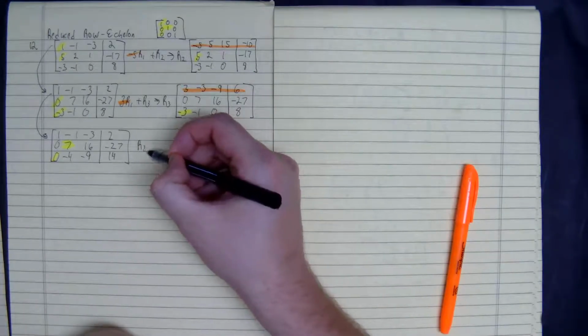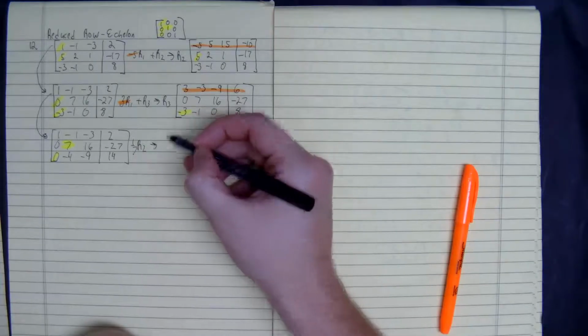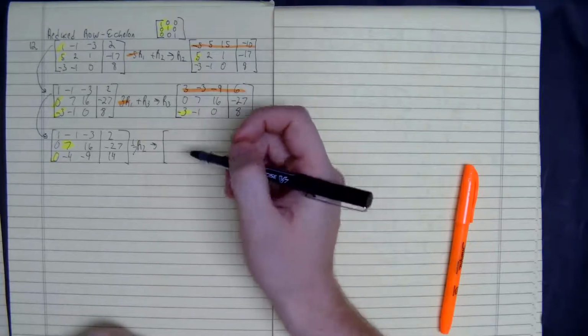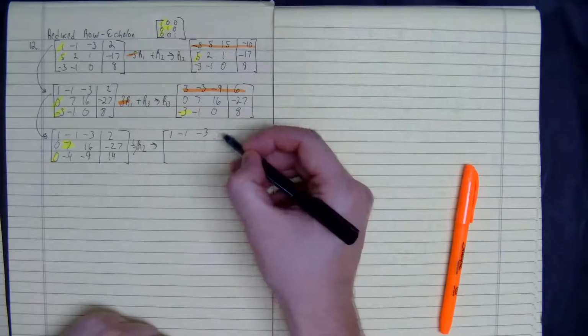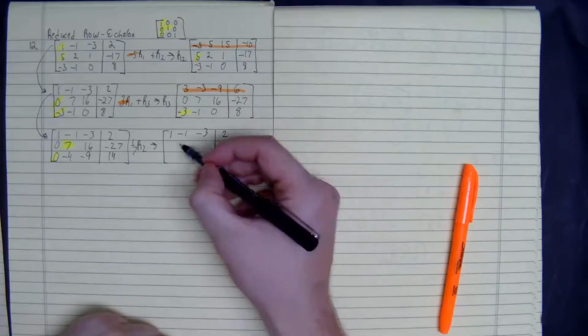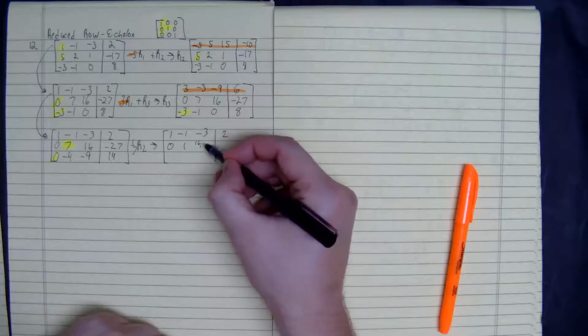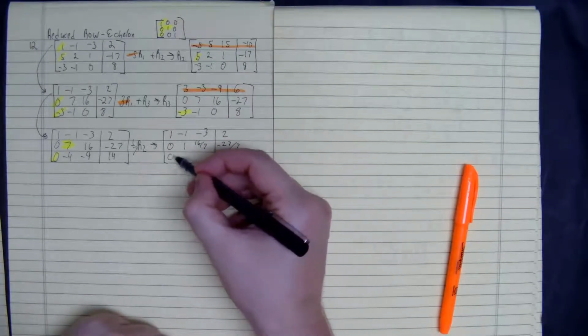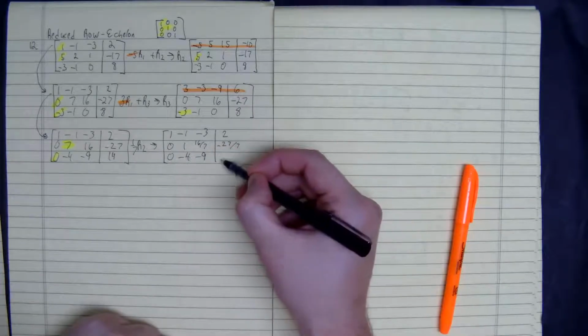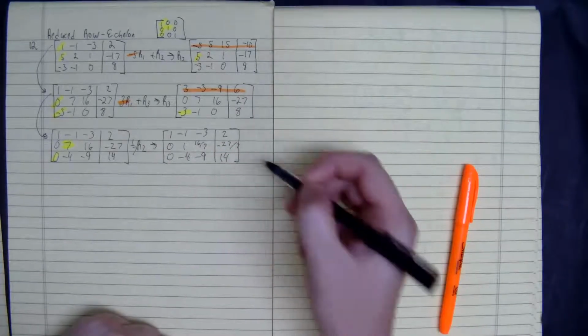So you would say row 2 times 1/7, and you do just that. Row 1 stays the same, 1, -1, -3, 2, 0, 1, 16 sevenths, negative 27 sevenths, 0, negative 4, negative 9, 14.